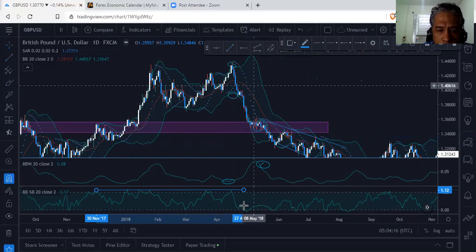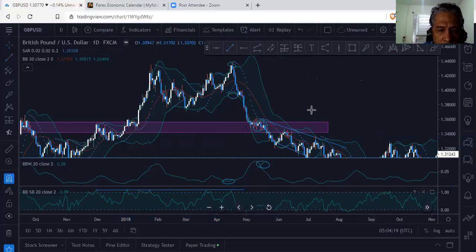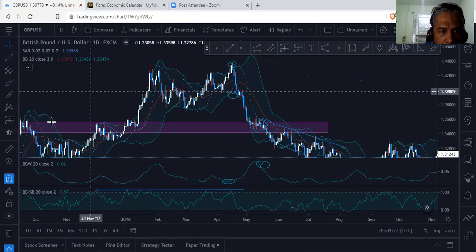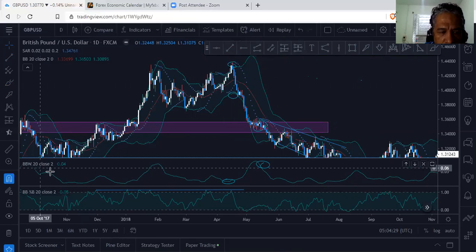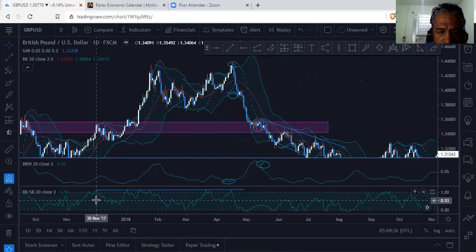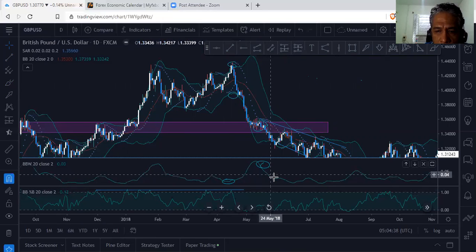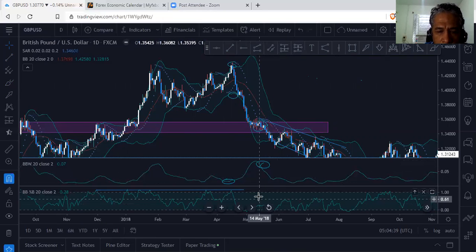So this is how to use the Bollinger Bandwidth. And always remember, because we are using the 20 moving period on our Bollinger Band, you also set the Bollinger Bandwidth to a 20 moving period, as well as the Bollinger Band percentage B to a 20 moving period. So we can see it clearly here that it's moving like that.